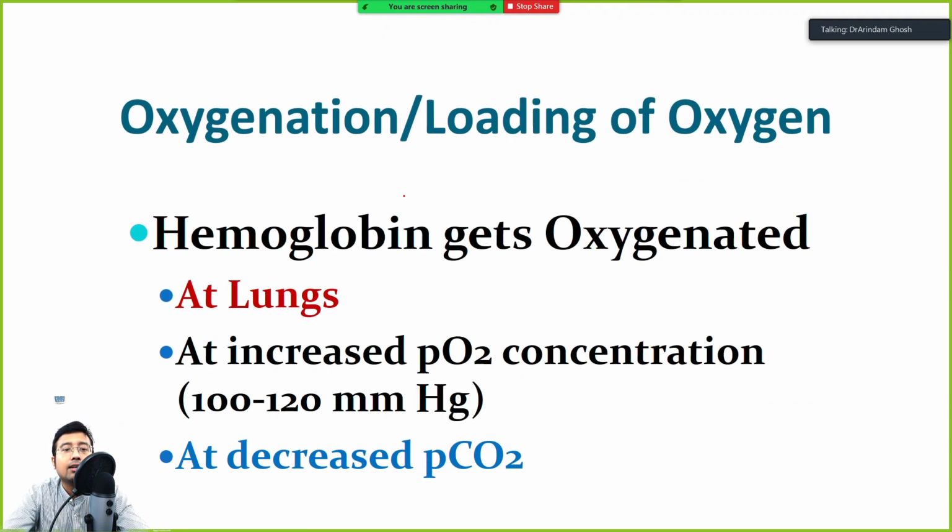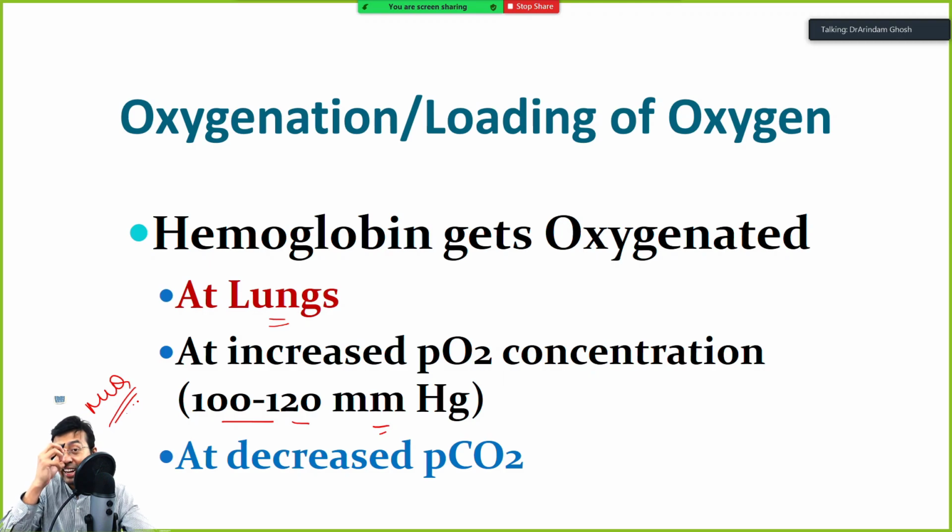Again, let us recap a few things. Remember, hemoglobin gets oxygenated at the lungs at an increased PO2 of 100 to 120 millimeter of Hg. This is an important MCQ.